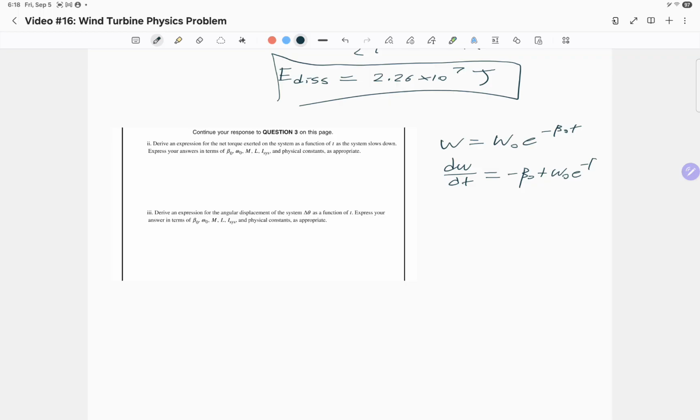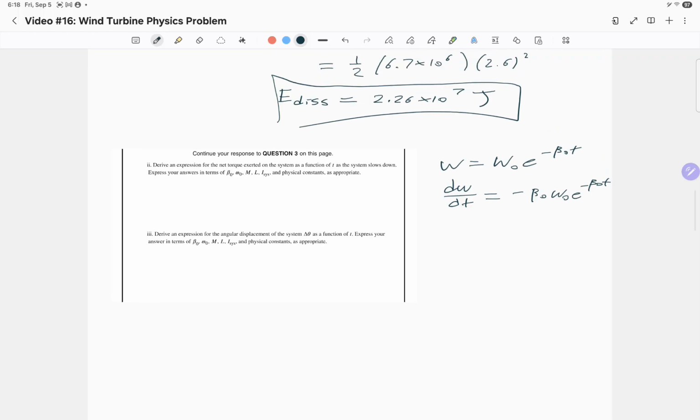E to the negative beta sub 0 t. Oh wait, I made a little mistake here. The t doesn't come out. Okay, so we just did chain rule there, almost incorrectly because we brought a t outside, which is not how that works.